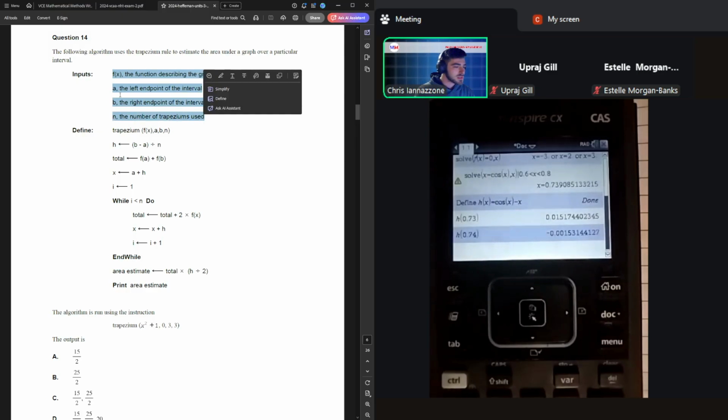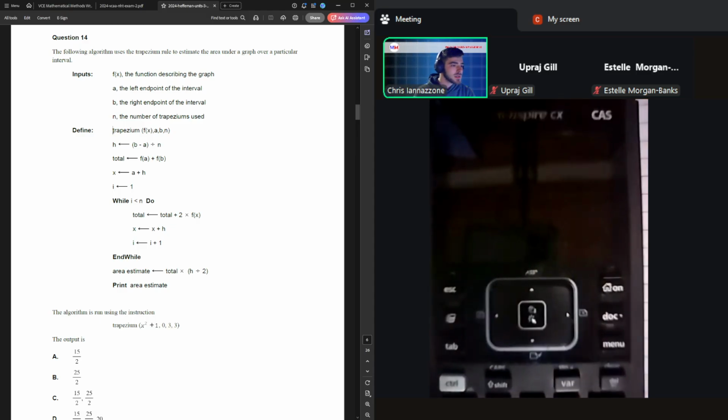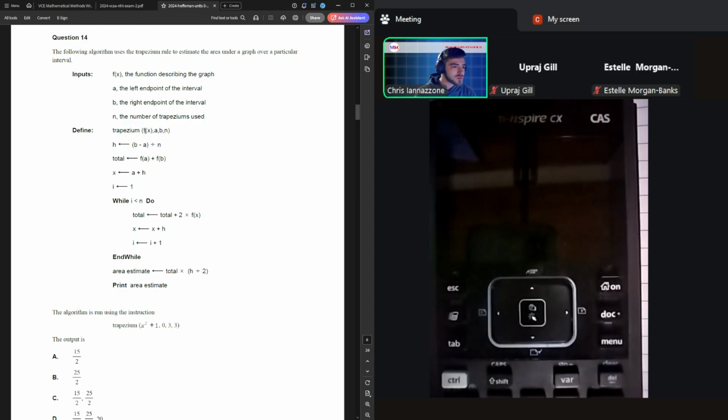Inputs are defined up here: F, A, B, and N. Those are exactly the same as the trapezium rule variables. Again, we have this define statement here. Reminder, of course, the order in which those are written matters for when the algorithm is run. So F is the function, this is A, this is B, and this is N.